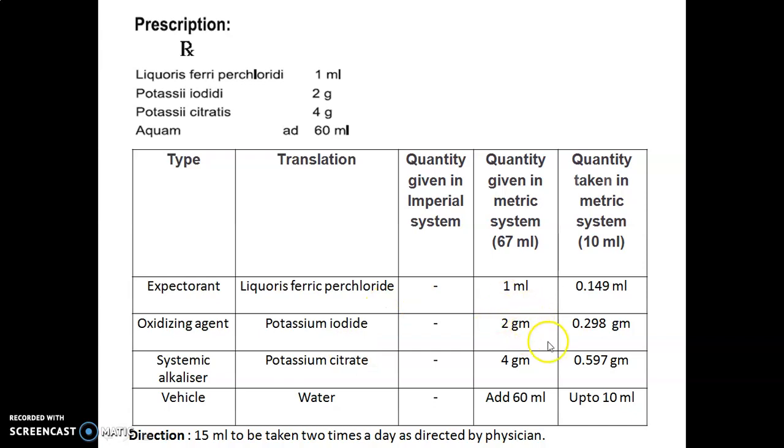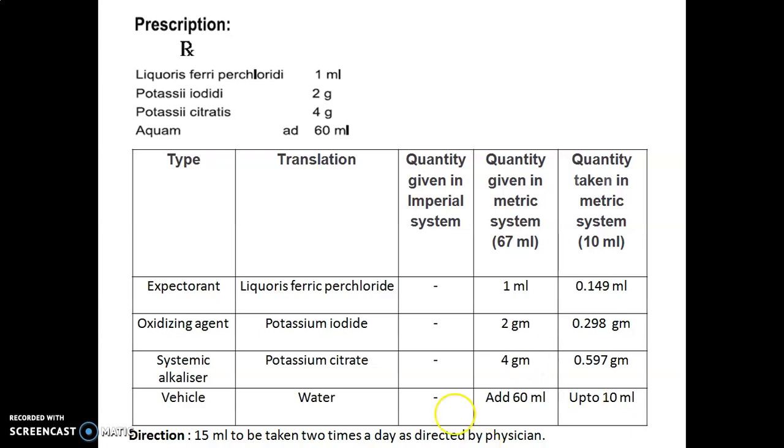Quantity given is 2 gram, quantity taken is 0.298 gram. Potassium citrate, used as a systemic alkalizer, quantity given is 4 gram, quantity taken 0.597 gram. Then water, used as a vehicle, quantity given is add up to 60 ml, and quantity taken in the metric system is to prepare up to 10 ml.